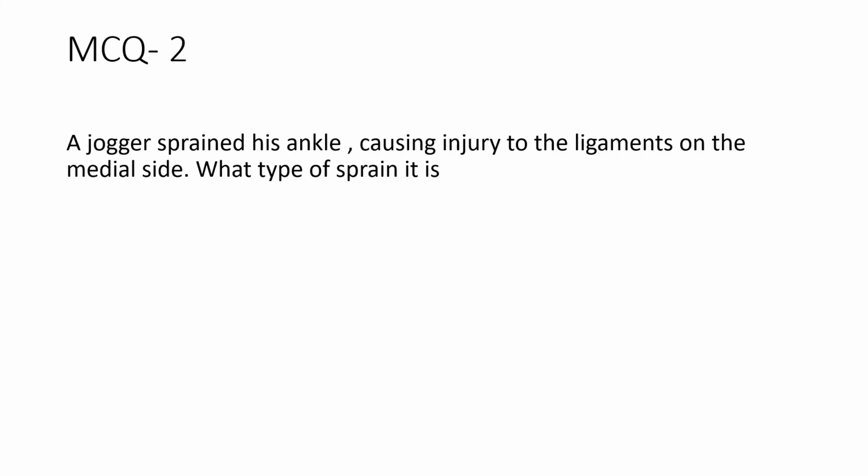Now let us see another MCQ, whether you will be able to answer. A jogger sprained his ankle. While jogging, he sprained his ankle, and there is injury to the ligaments on the medial side. What type of sprain is it?